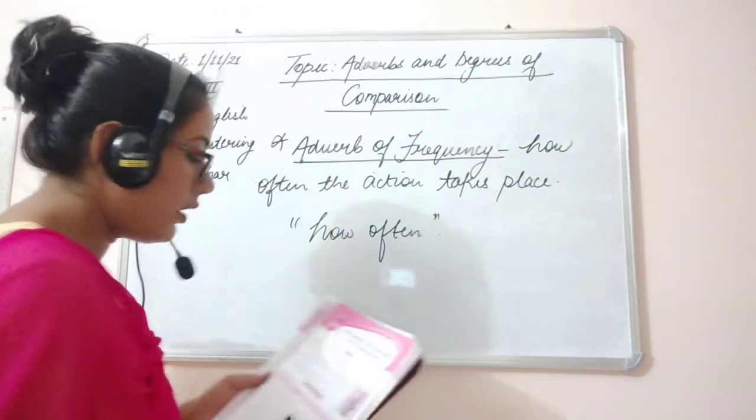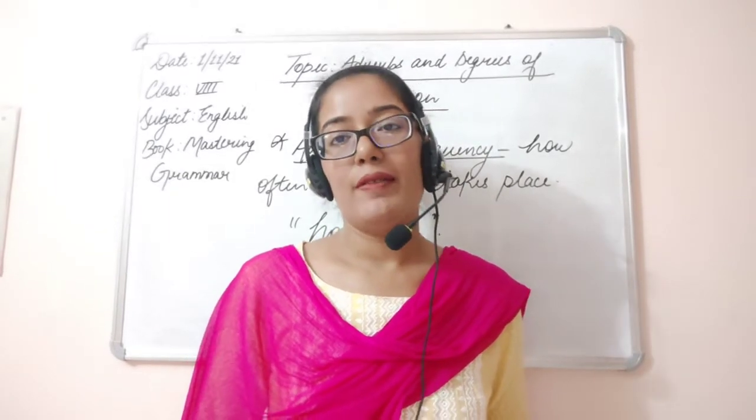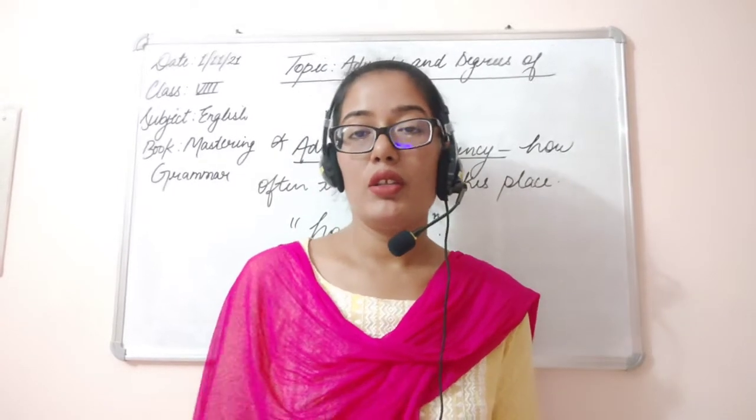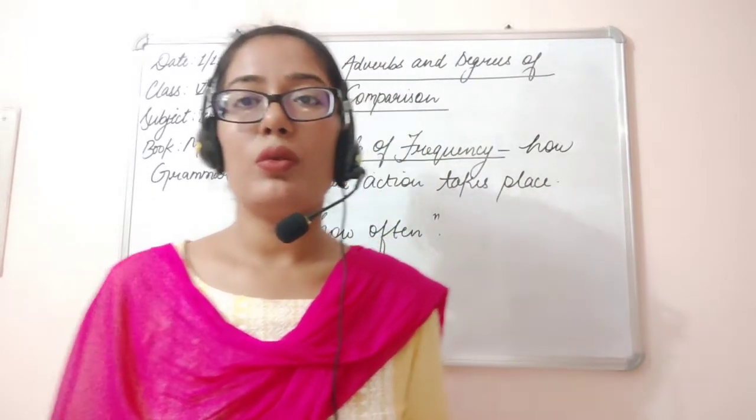For example, here in your book, an example is given: she visits her friend occasionally. So, how often did she visit her friend? She visits her friend occasionally. A question can also be asked: how often did you attend the classes in the school this year?